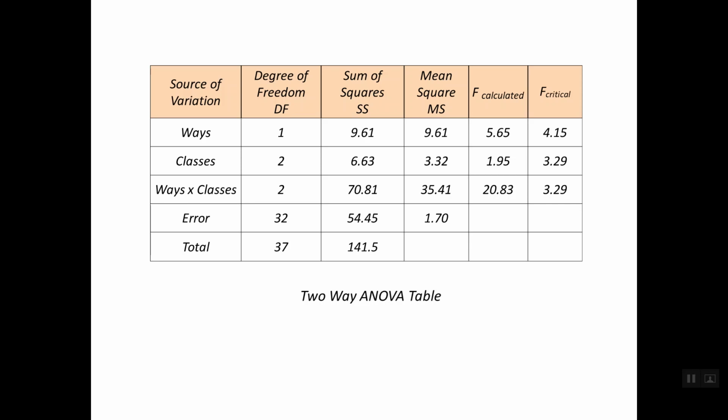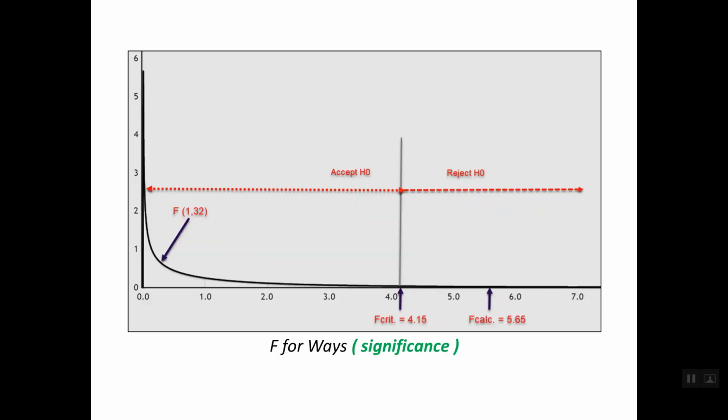How to make a conclusion? The conclusion is very simple. We need to compare the calculated value of F with the critical one. So let's understand this concept by these figures.